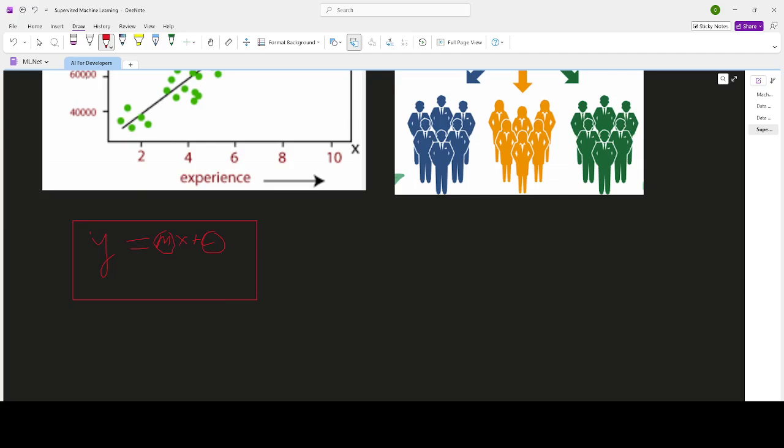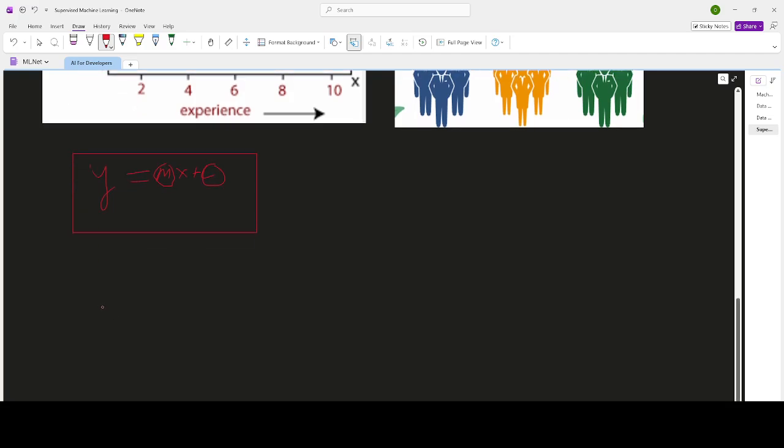The least square method is pretty simple mathematics, and we know its formula. First we simplify this formula: c is equal to y minus mx. Now we need to find m, the slope.